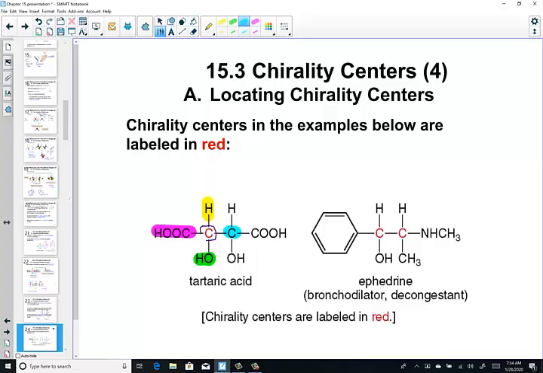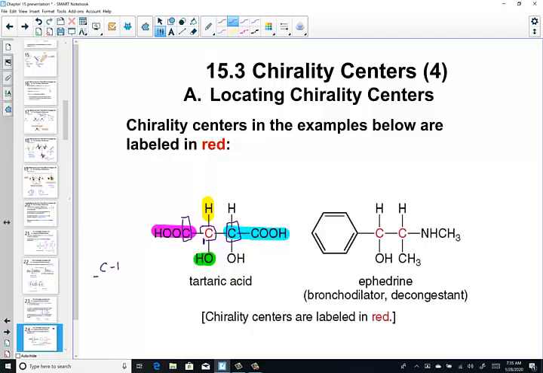Those are 4 unique attachments. Now I know you're saying, this is also a carbon, and this is a carbon, but this carbon is attached to OOH. And since there is a carbon between the COOH on the right-hand side, those are 4 unique attachments.